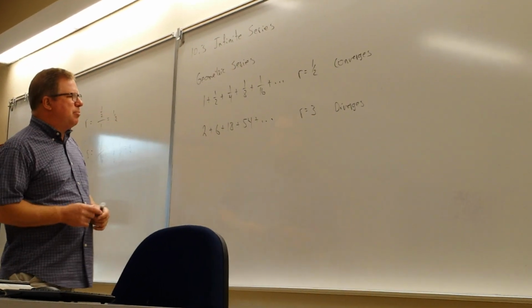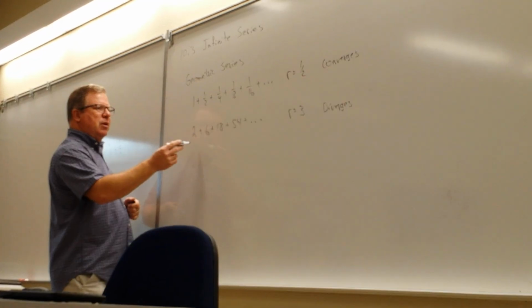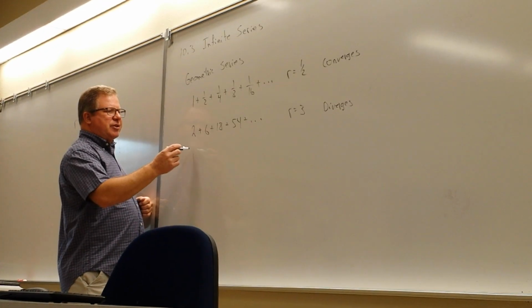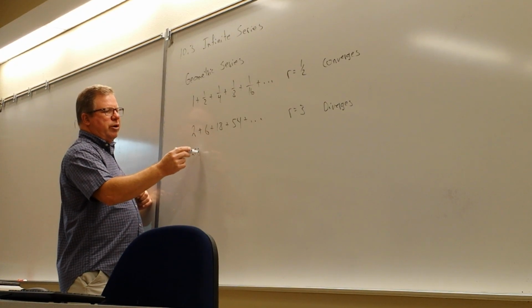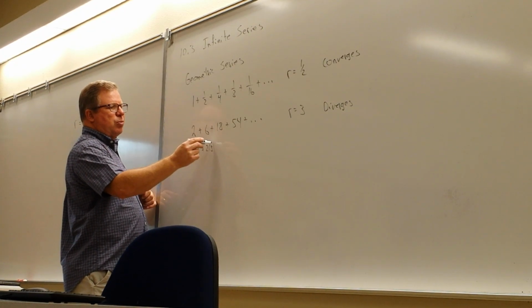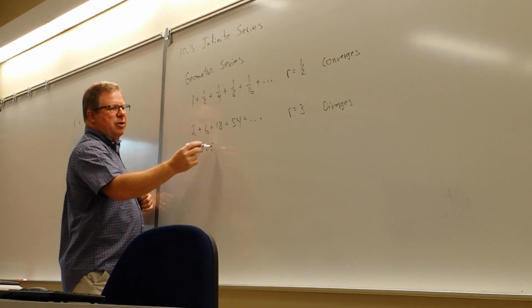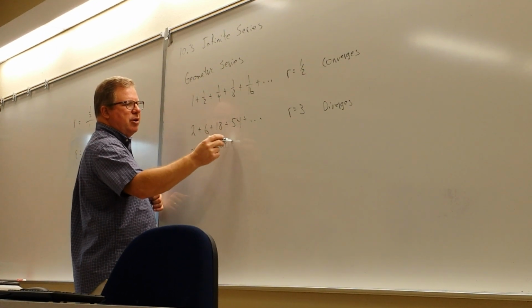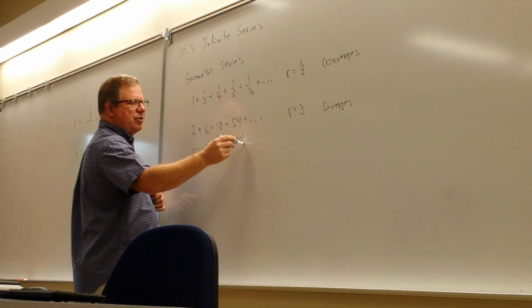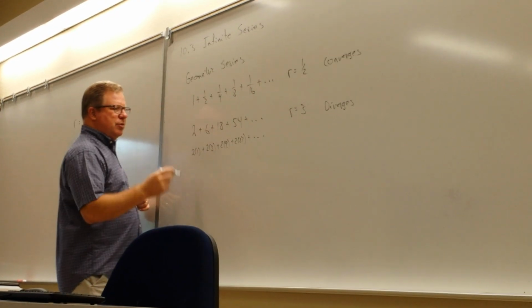Let me point something out here. This is like 2 times 1 plus 2 times 3. 2 times 3 is 6. Plus 2 times 9. 2 times 9 is 18. 2 times 27.